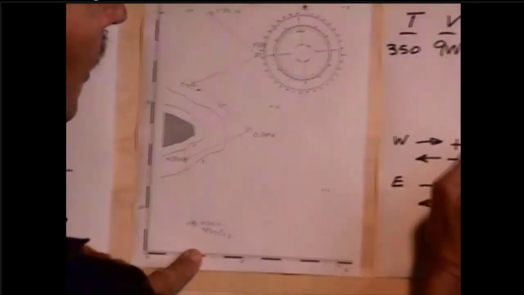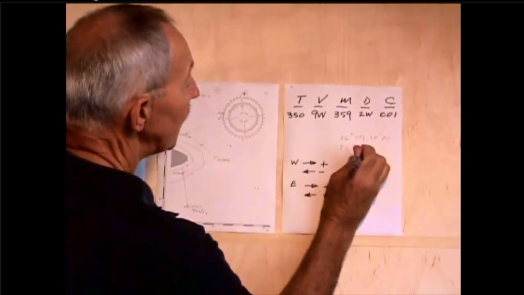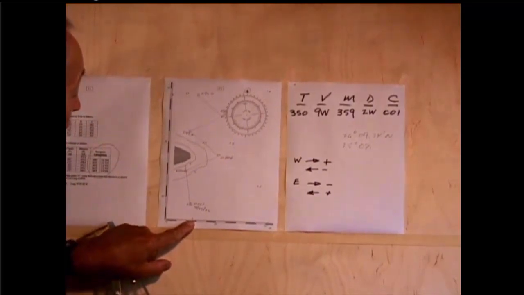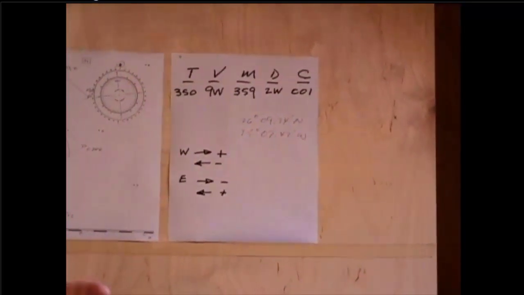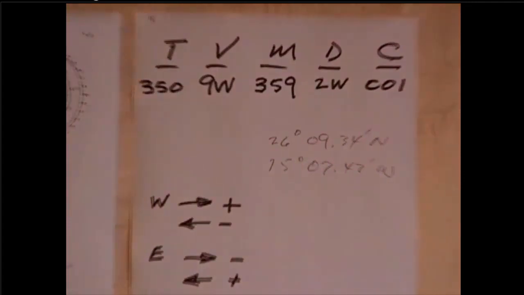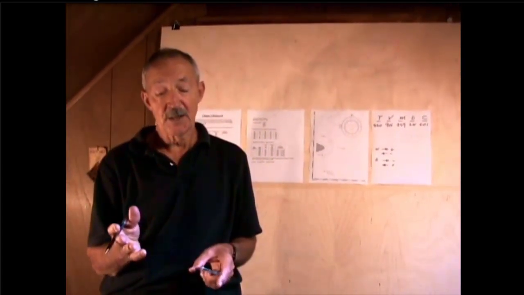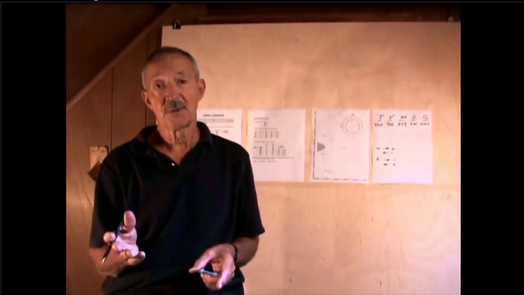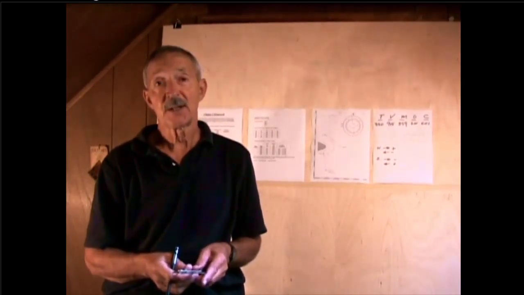So this is 75 degrees, 07 minutes, point roughly 42. So that's the process for plotting a DR, dead reckoning plot, based strictly on compass, steering compass, and distance traveled based on the log reading or the odometer. And that's our basic technique for doing that.